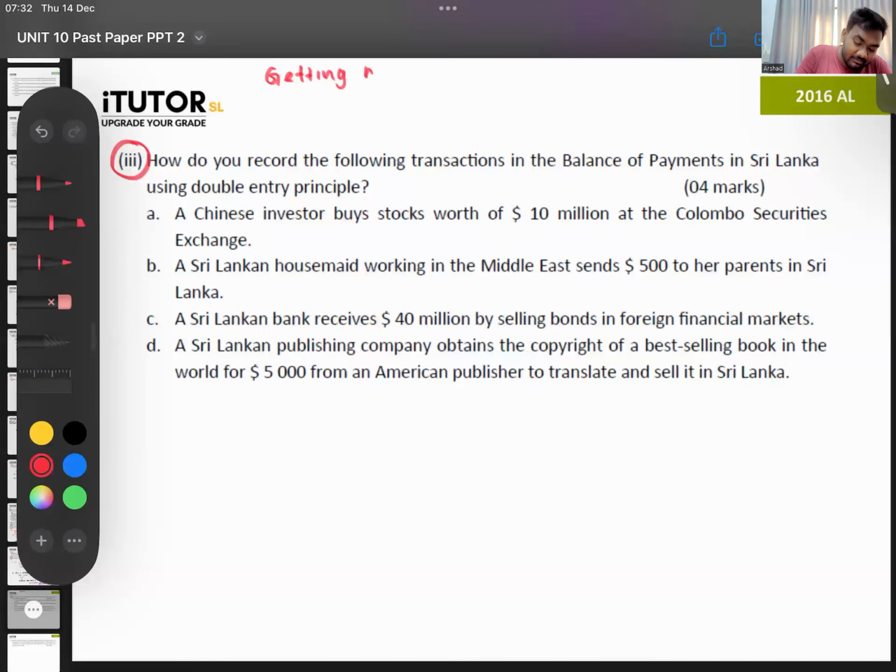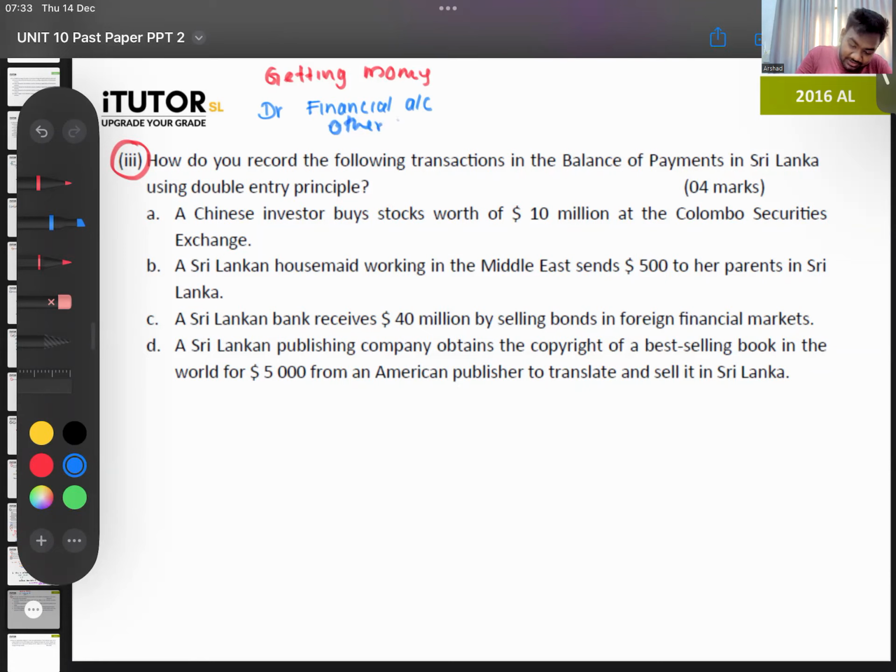So the easiest way to figure out the double entry is, if Sri Lanka is getting money, one side of the double entry is debit financial account. Inside the financial account, there is something called other reserves and other investment.